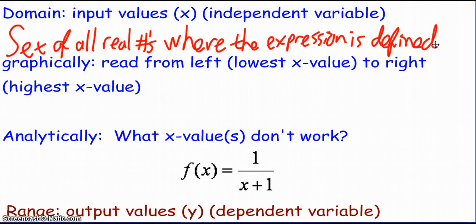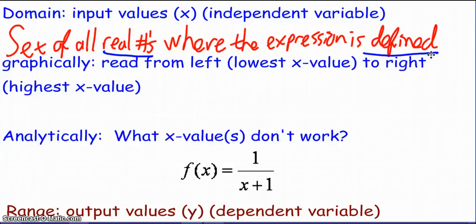And a couple of key things to notice here are real numbers and where it's defined. So basically what we're looking for are where would it not be defined and where would we not get real numbers, and those are going to be where the domain does not exist. Graphically, it's really easy to determine the domain. We read it from left to right, so the lowest x values to the highest x values.